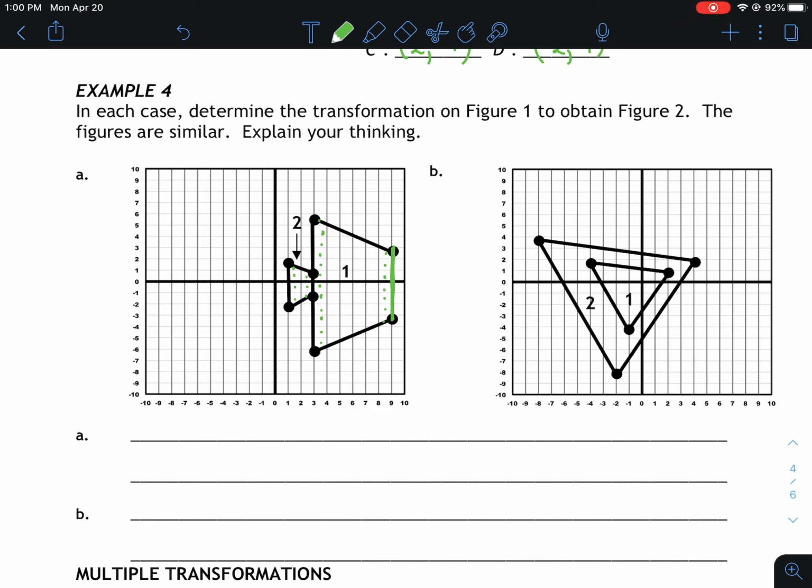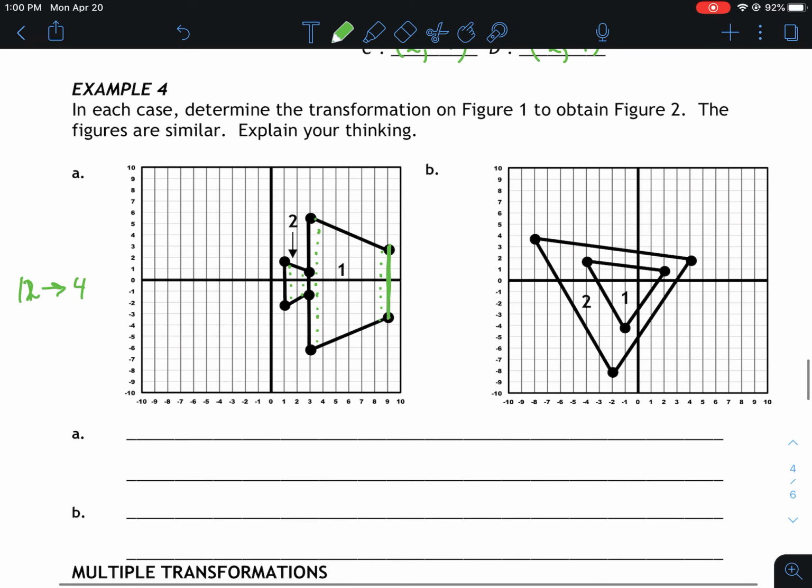And this is 1, 2, 3, 4. This is hard to see where our points are. 1 to 2, if you look at the 2 dots.